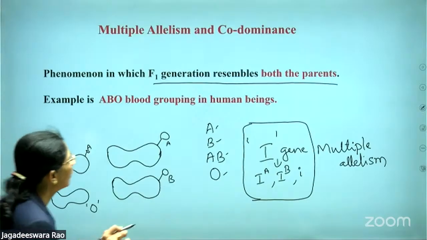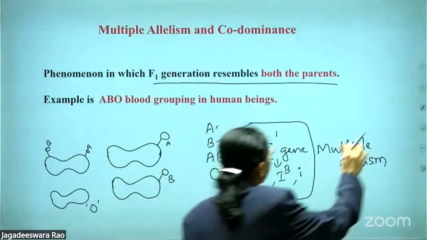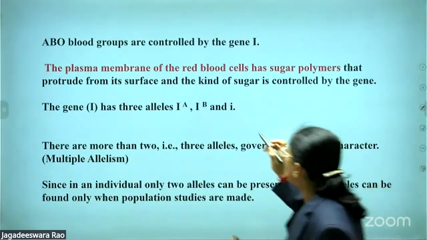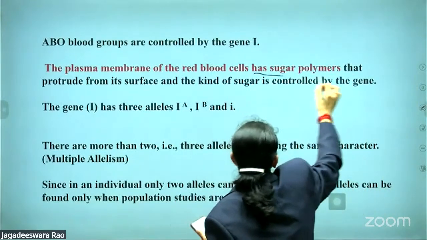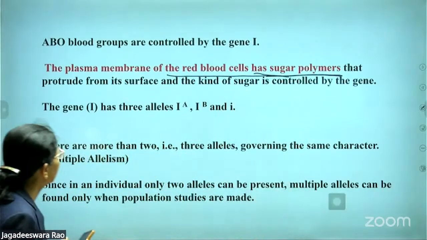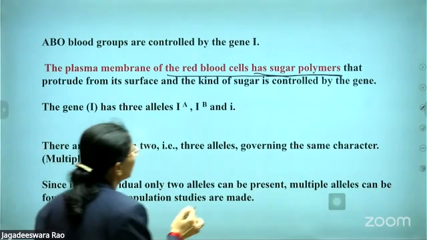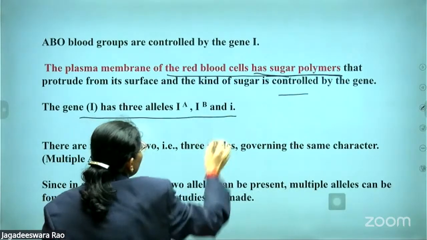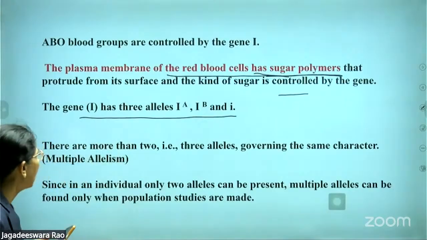Now, we have to understand the other things also. This is the thing you need to remember: red blood cells have sugar polymers, and the kind of sugar is controlled by the gene I. How many alleles are there? IA, IB and i.